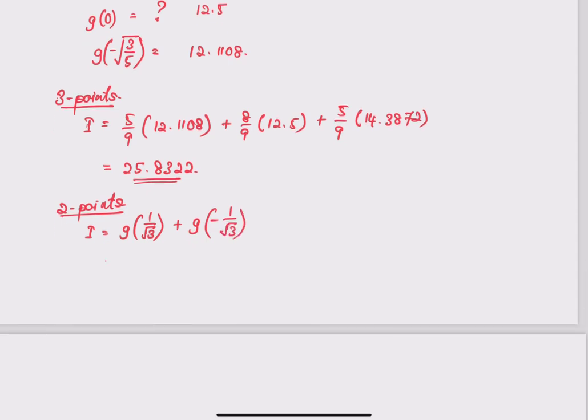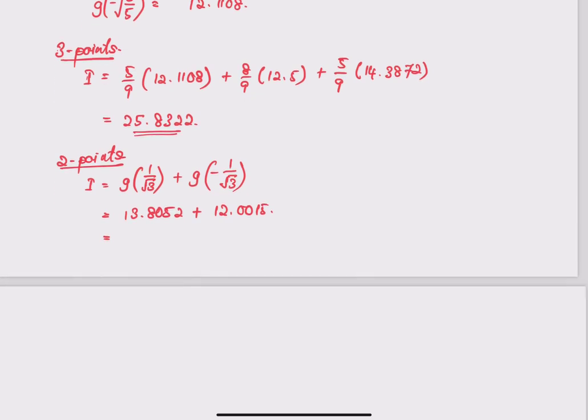If you try, you will get 13.8052, and the next one is 12.0015. The answer for this integral by using 2-point Gauss quadrature is 25.8067. So you see there's a little bit of difference between 2 points and 3 points.